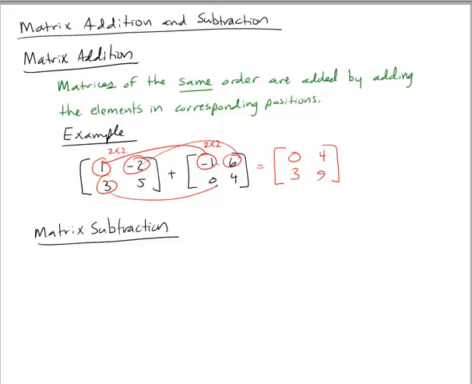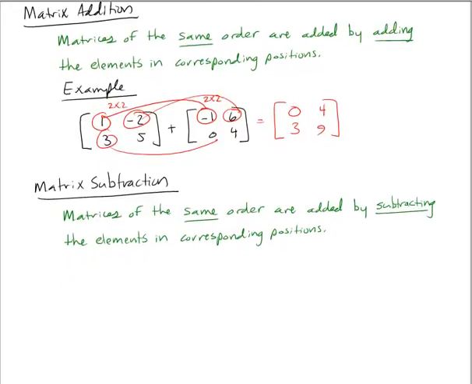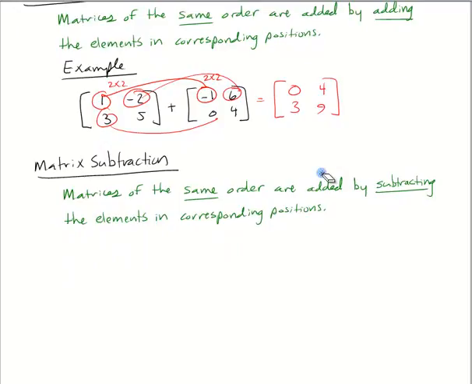Order does matter when you subtract matrices, and with any other values as well. So matrices of the same order are subtracted by subtracting the elements in the corresponding positions.